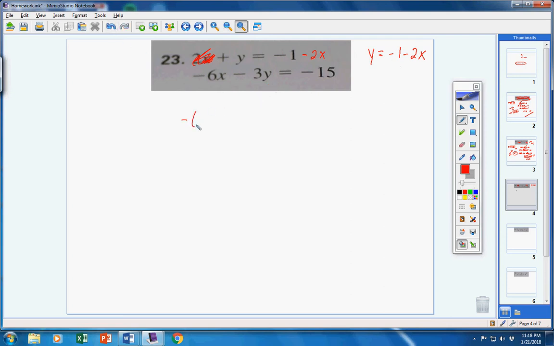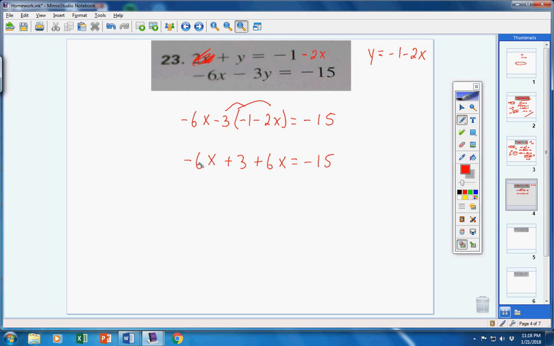Okay, so negative 6x minus 3 parentheses negative 1 minus 2x equals negative 15. Now, take your negative 3, multiply it through, and you end up with negative 6x, positive 3, positive 6x equals negative 15.